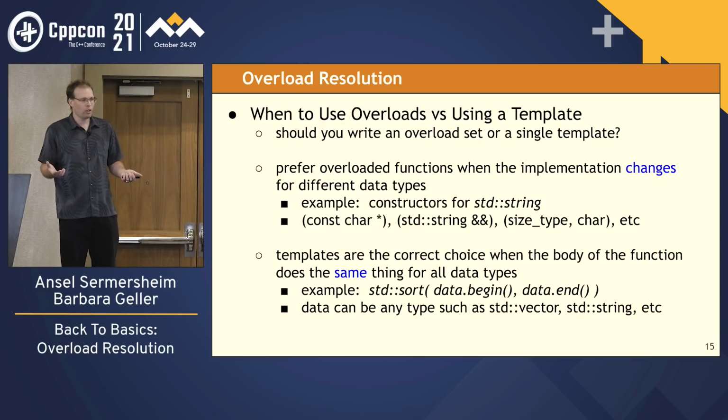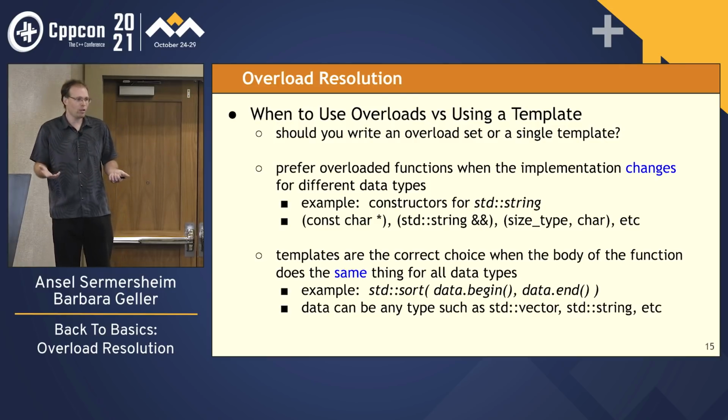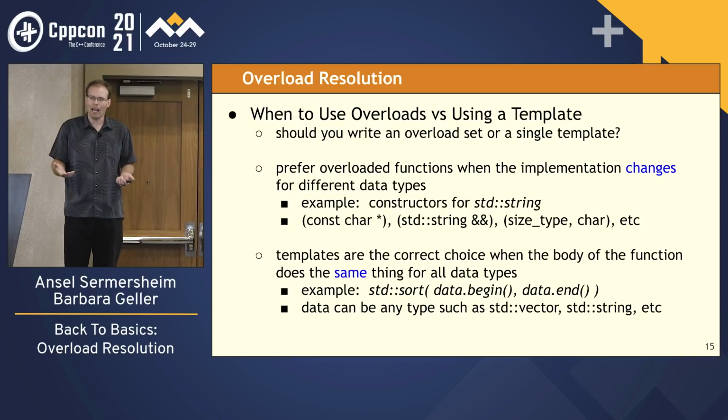There's another constructor that takes a size type, an integer type number, and a character, and constructs a string with that many copies of the given character. These are all in the same class. They all have the same name because they're all constructors, and constructors are named the same as the class. But they are implemented completely differently because they do completely different things.